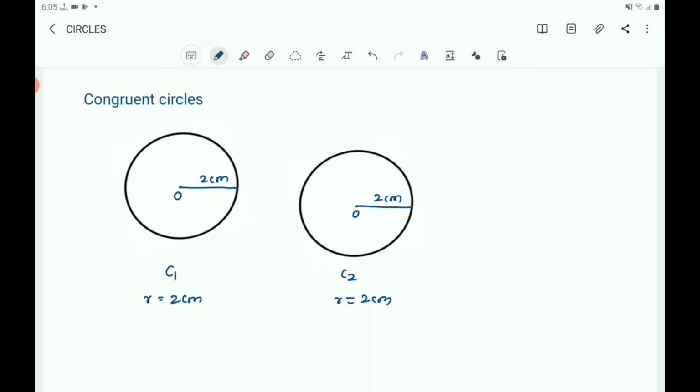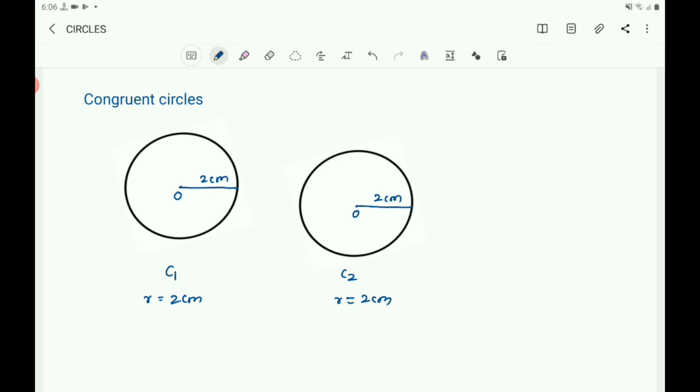If you keep one figure on the other and they coincide, if they cover each other exactly, then you can say they are congruent figures. Congruent figures have the same shape and same size.